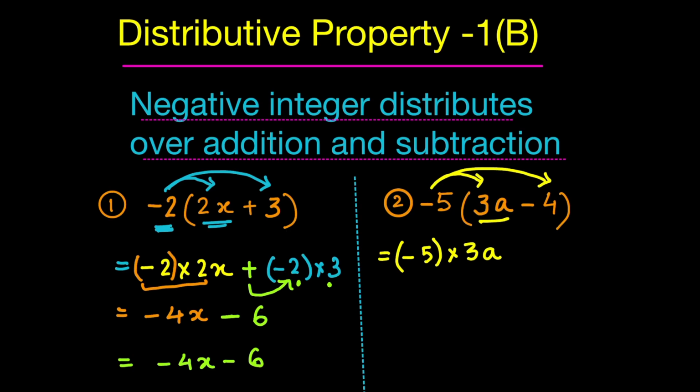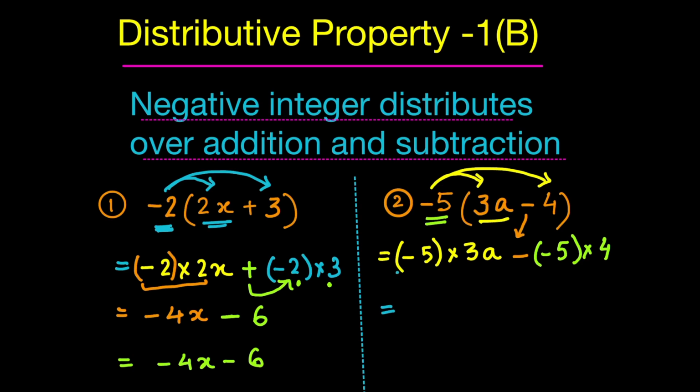Then again this sign, as we discussed, will continue with this sign, and the outer number which was -5, so we'll multiply it with 4. And always remember to put the outer number in the bracket to get the correct answers.